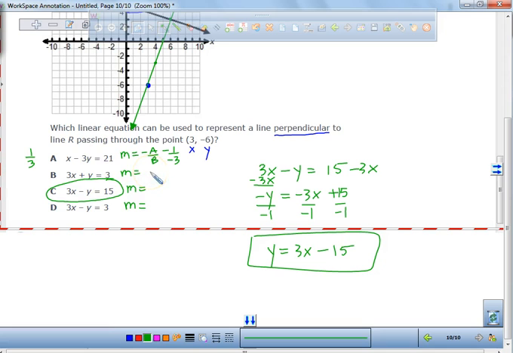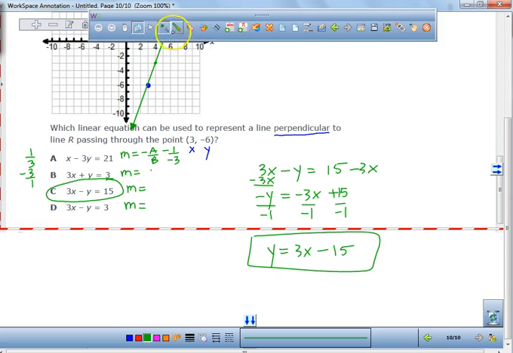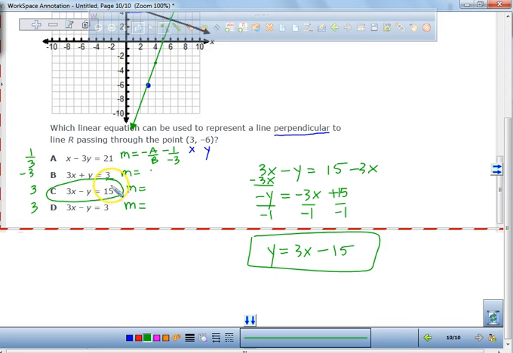If I did negative a over b, it'd be negative 3 over 1, or just negative 3. This one we found to be a slope of 3. And this one would also be a slope of 3, but its y-intercept would be at negative 3. That y-intercept is at negative 15. So negative a over b is a very easy way to find the slope from standard form.